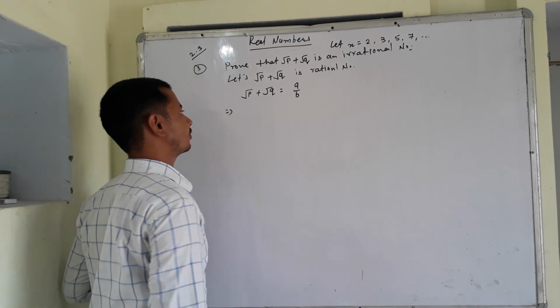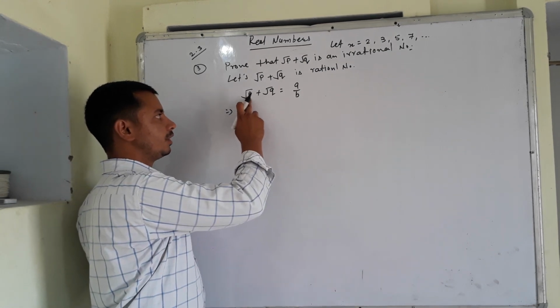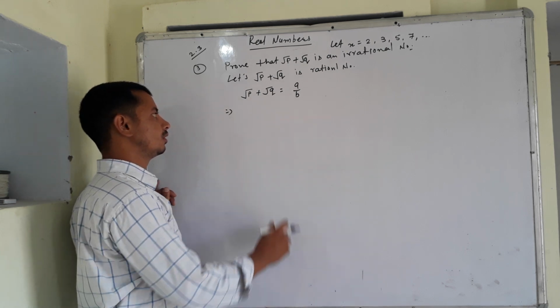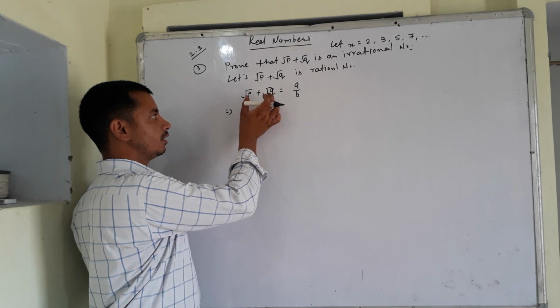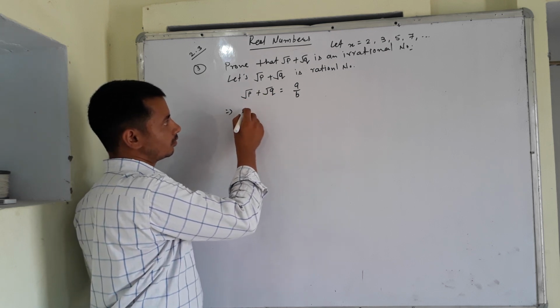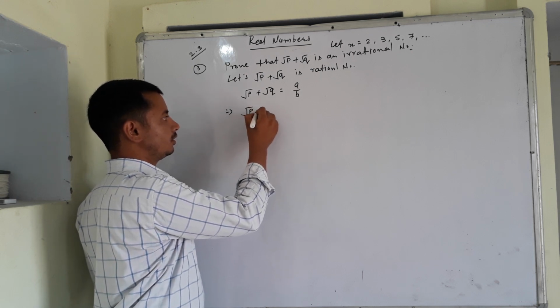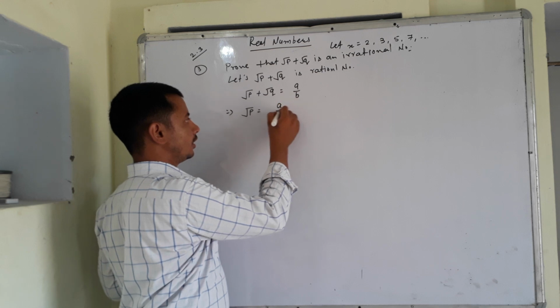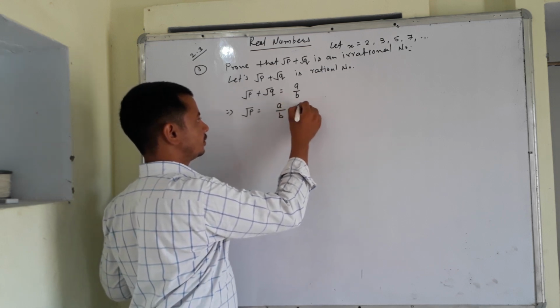Okay, we have two integers p and q. We catch the first integer p, then we find root p equal a upon b minus root q.